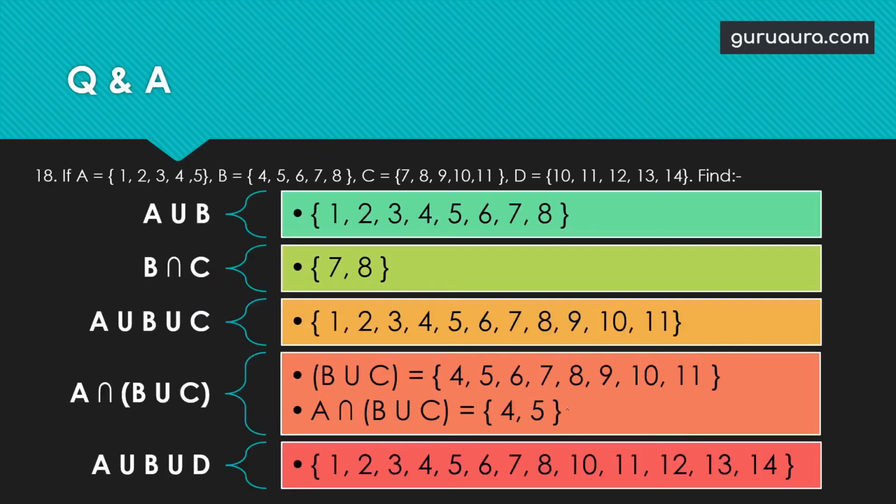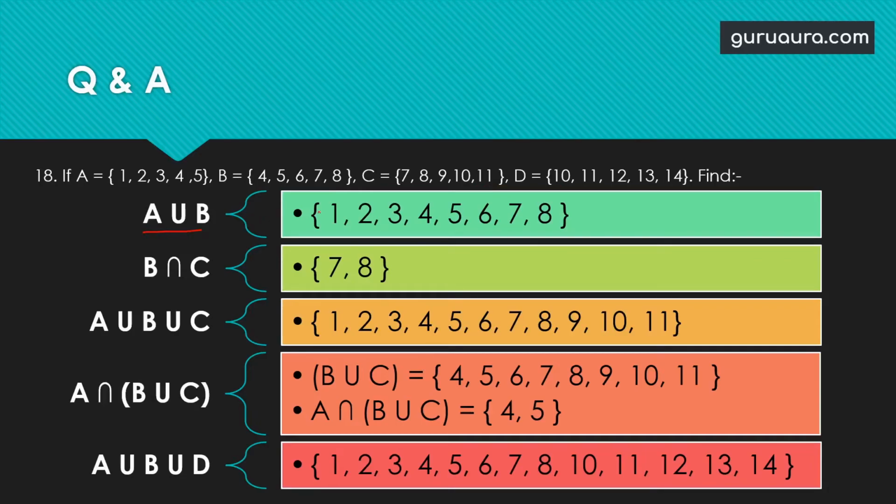Here set A consists of the elements 1, 2, 3, 4 and 5. Set B contains the elements 4, 5, 6, 7 and 8. Set C contains the elements 7, 8, 9, 10, 11 and set D contains the elements 10, 11, 12, 13 and 14.